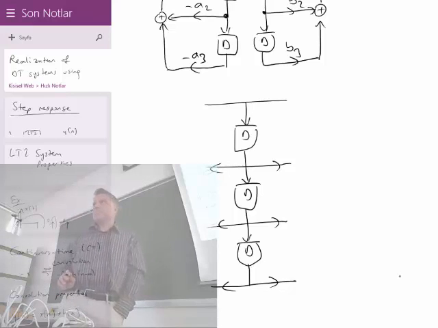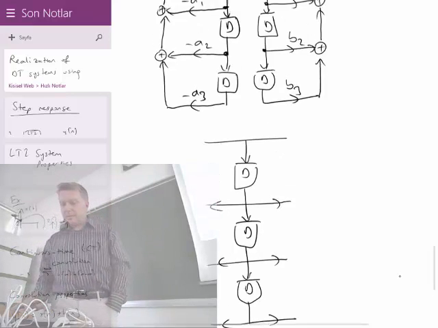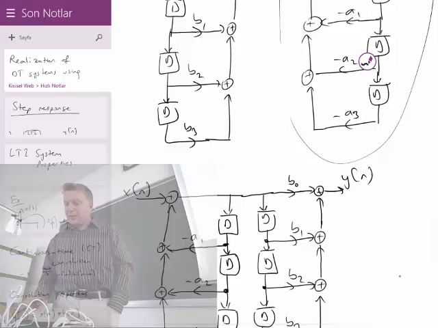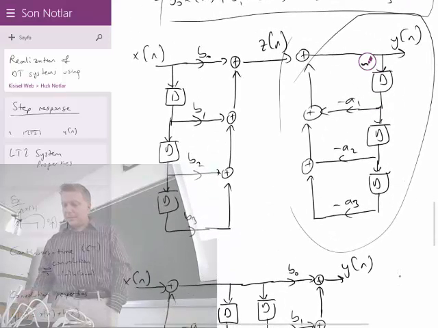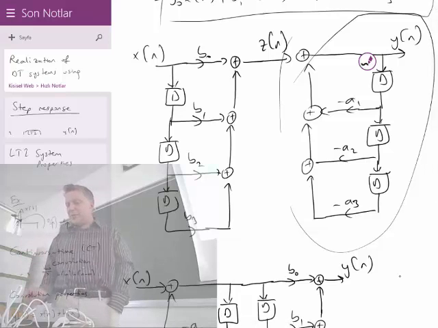Yes, but it's the feedback portion. Look at the right hand side at the top here. If the input, whatever that input is, is now x of n, but it was previously z of n, as you see.